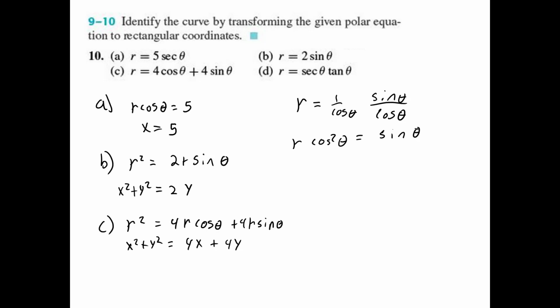And you could see then that this needs an r and this needs an r, so we can multiply both sides by r, and we'll get r squared cosine squared of theta is equal to r sine of theta. And so then r cosine theta is x, so that's x squared, and r sine of theta is y. And so that is just a parabola, y equals x squared.